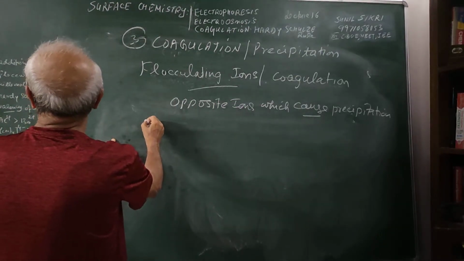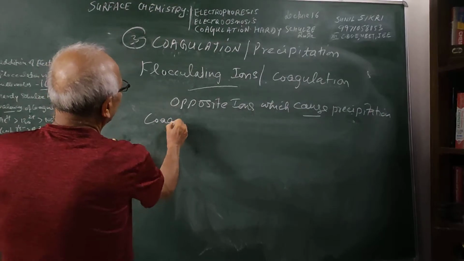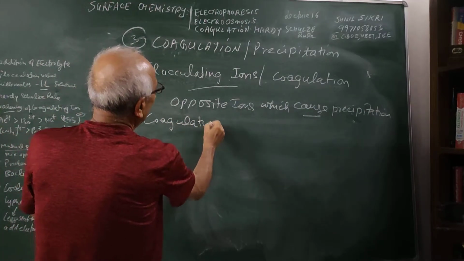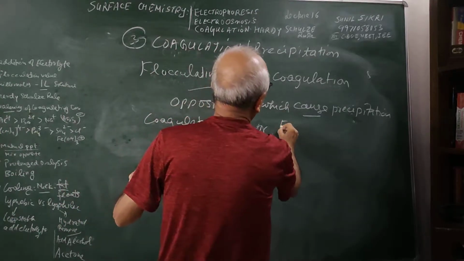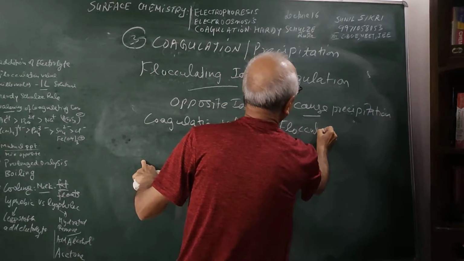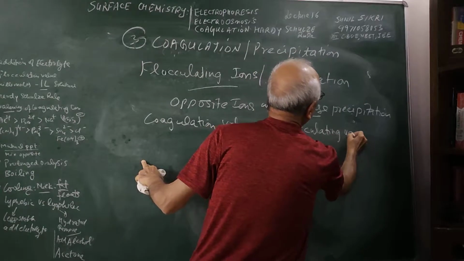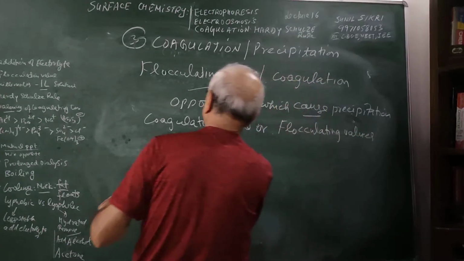So they call something like a coagulation value, or flocculating value of electrolytes.